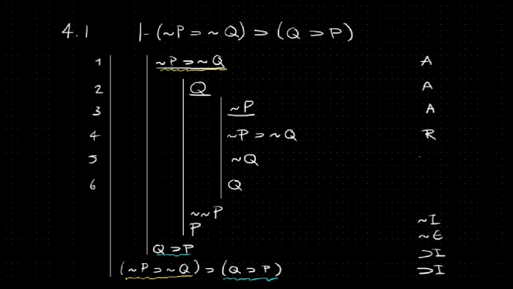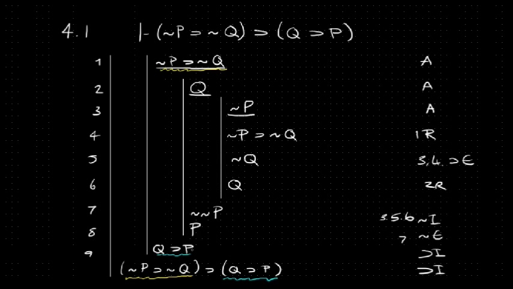Sorry, that one is 3, 4, conditional elimination, and then this one is a reiteration of 2. So there we go, that gives me my 2 contradictory statements. 5 and 6 give us 7, which is from 3, 5, 6, negation introduction. 8 comes just from 7, and then we've got our 2 conditionals.